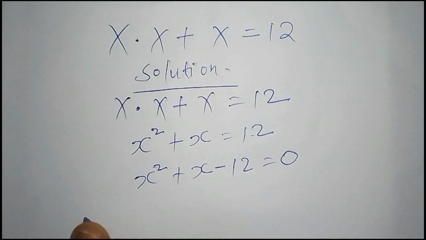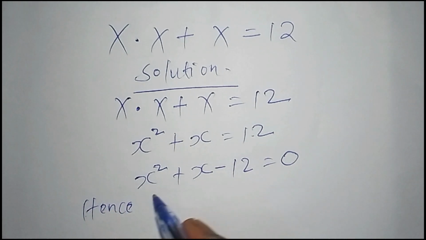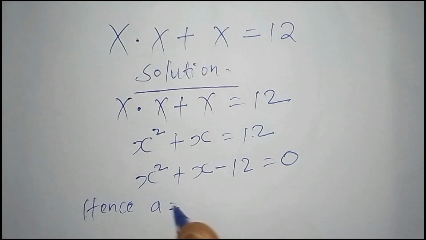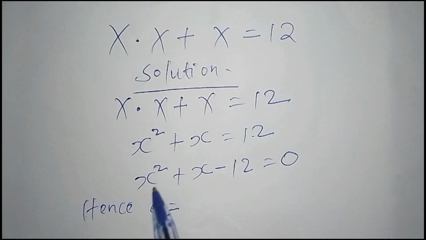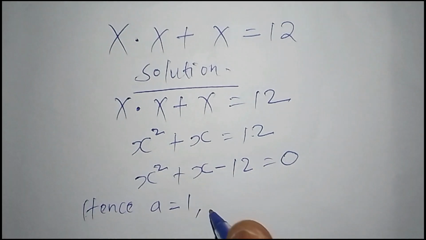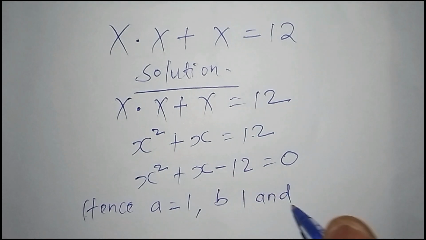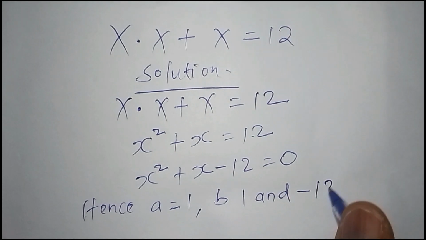So this quadratic equation now, hence we have a, b and c. So our a is 1, so 1 squared is still 1. Then our b is 1. Then our c is minus 12.